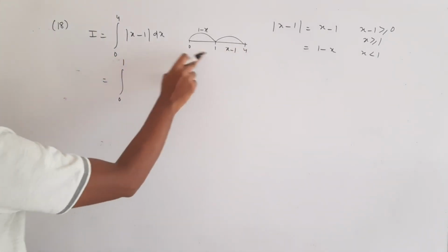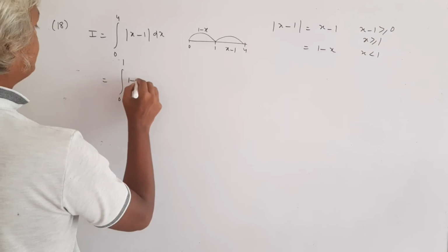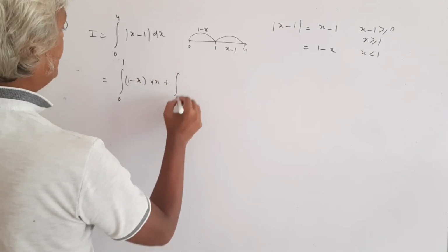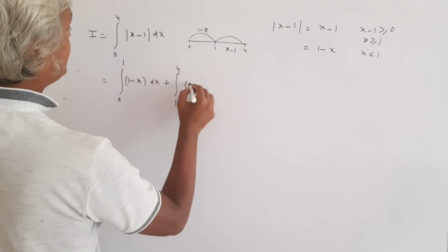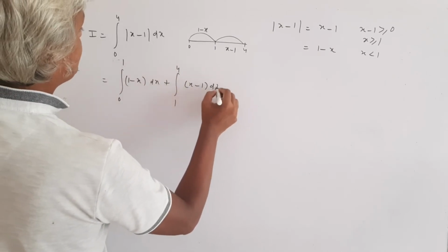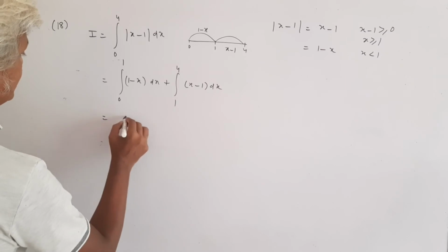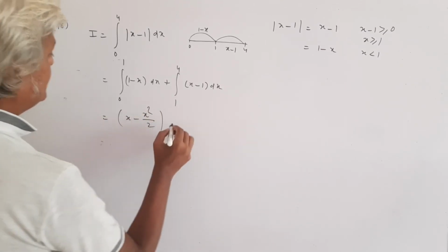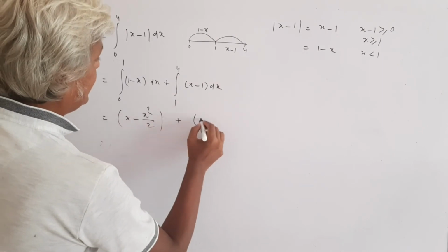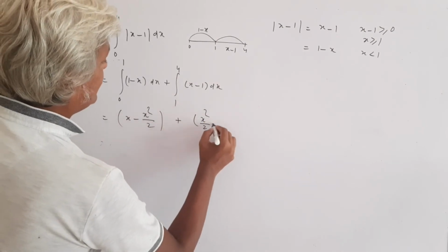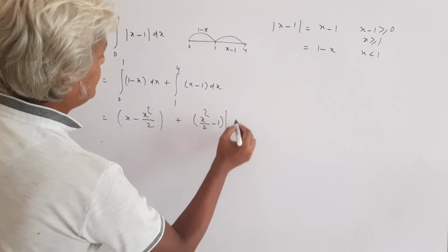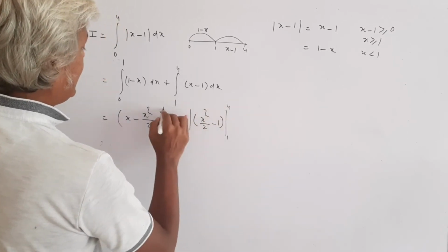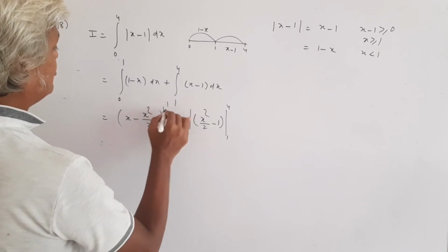So 0 to 1 our function is 1 minus x dx, plus 1 to 4 our function is x minus 1 dx. Now just integrate them. This is x minus x square over 2 plus x square over 2 minus x, where this limit is 1 to 4, and this limit is 0 to 1.